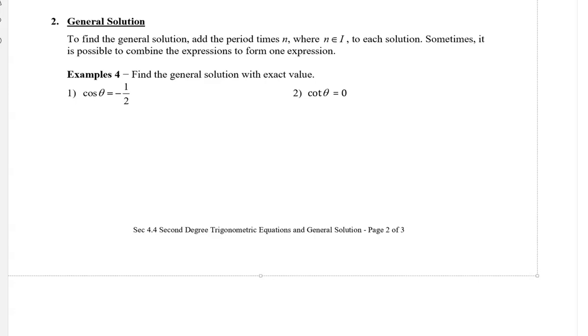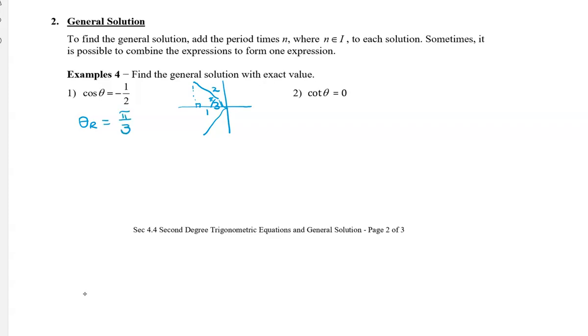So here we have cos theta equals -1/2. So we know that cos theta is negative in the second and the third quadrant. So in the second quadrant, we have 1/2. So this reference angle is pi/3. So reference angle theta r is pi/3.